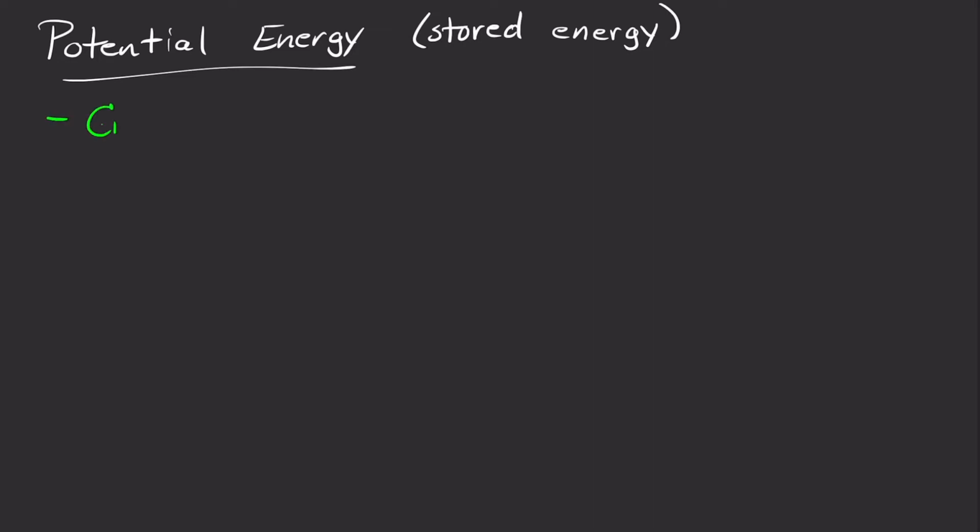So the first type of potential energy we're going to look at is gravitational potential energy. If we take an object and move it up, so its displacement is up, and we're going to call this the height, h. We throw it up, it goes through some height, and the weight is acting down.